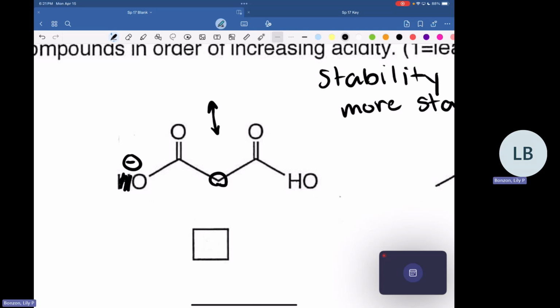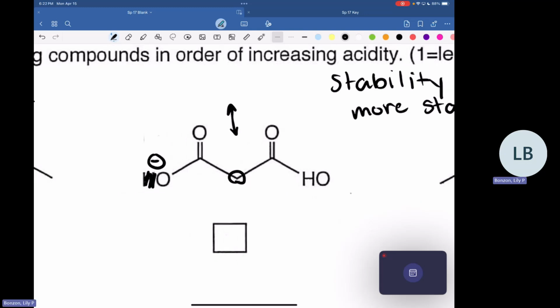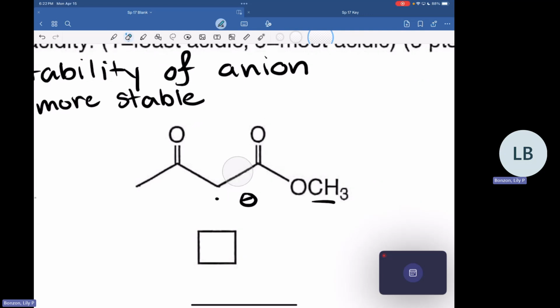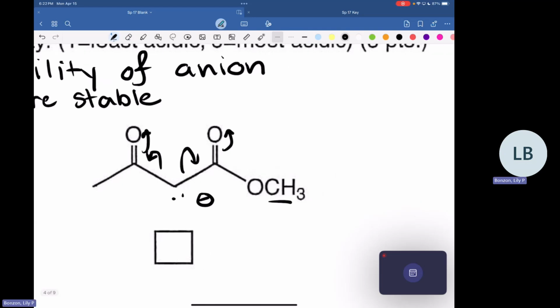In the middle structure, we have the oxygen negative charge, which can resonate with the other ketone as well, forming a resonance structure like this. Over here on the right, this one can also resonate either way, so we get two resonance structures here.